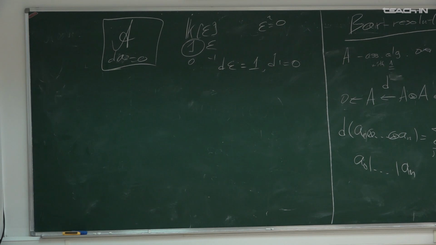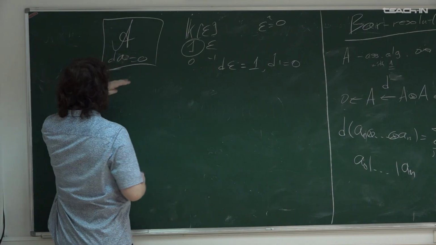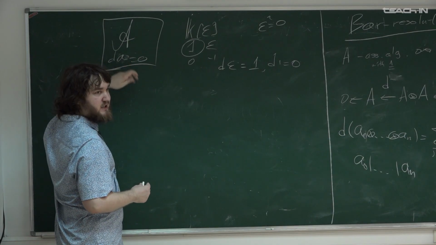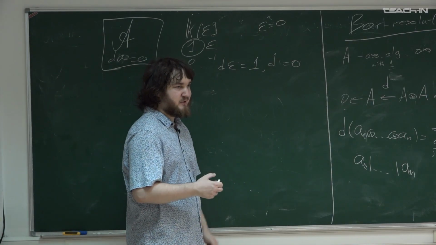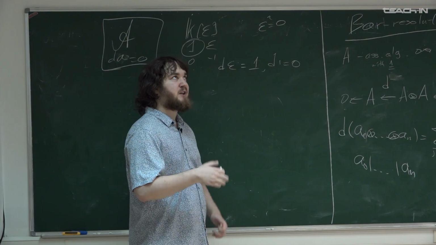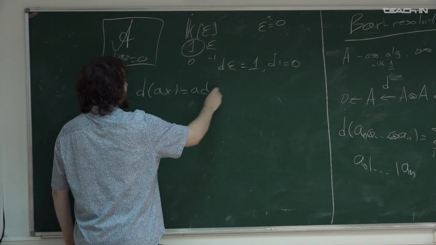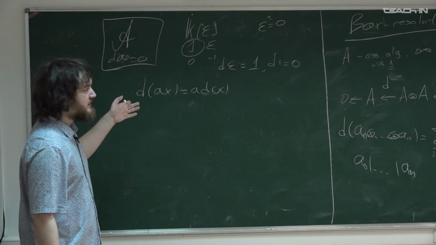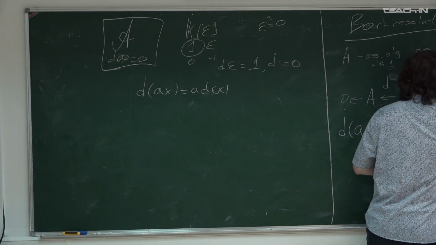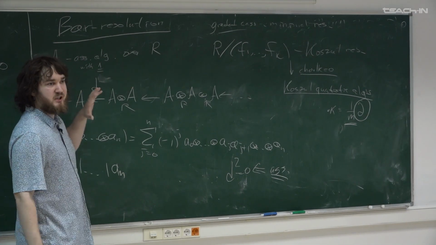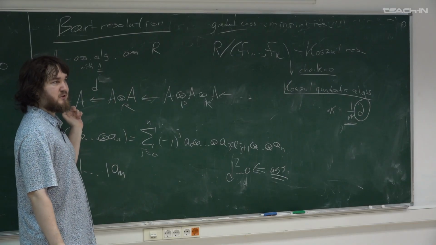Again from this formula, because of the Leibniz rule, if you have some algebra, the differential is linear with respect to multiplication by cycles. I want to say that from this follows that d(ax) is a dx. So this differential is A-linear, in fact. Over R you have, for example, a left A-module structure by multiplication from the left, and this differential is a left A-module map.